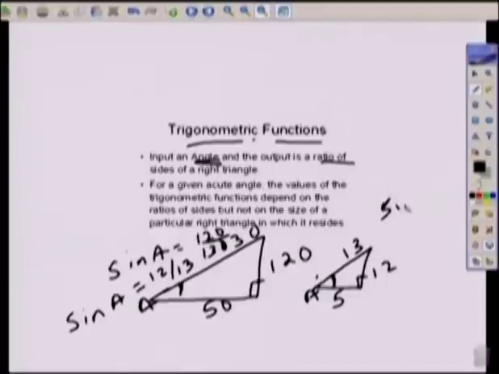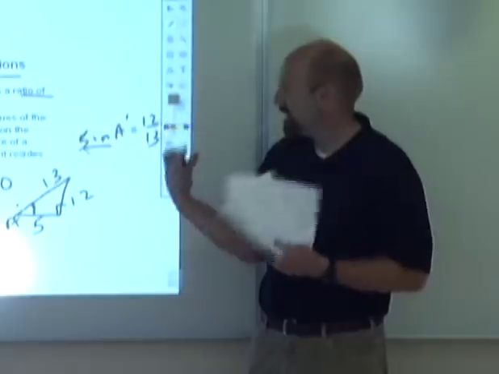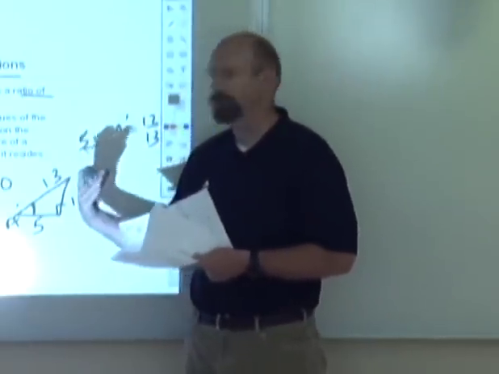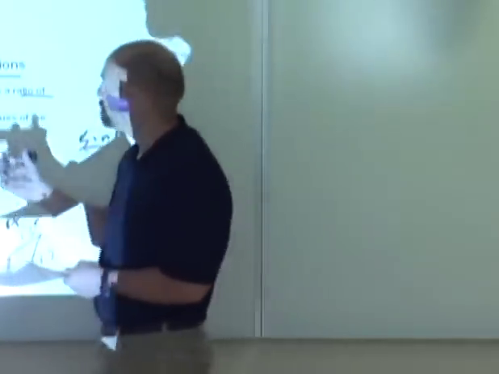Sine of A prime is also 12/13. For this angle, it doesn't matter if we're talking about this triangle or this one. The angle measures the same because the triangles are in fact similar. So when we are using trig functions, like the sine function, we are getting a ratio of sides. Sine specifically is relating the side opposite that angle in the right triangle to the hypotenuse. So just as a big idea, remember that trig functions are giving us a relationship between an angle measure and a ratio of sides that correspond.